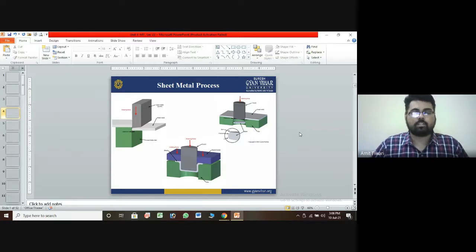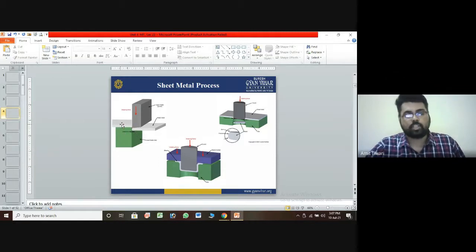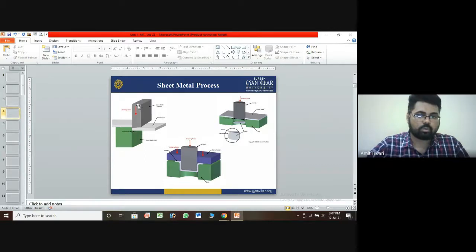You can see here, if you want to shear that sheet, you can apply forces on the material, and it will break along the particular area you have defined for the cutting. You apply the force at the cutting edge, and finally this section will be cut out easily.